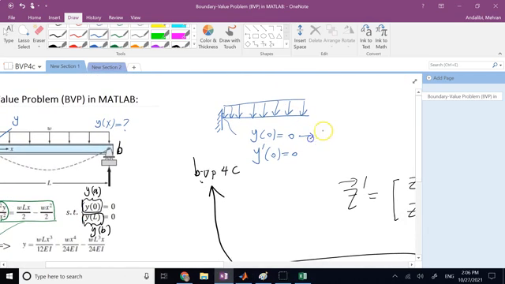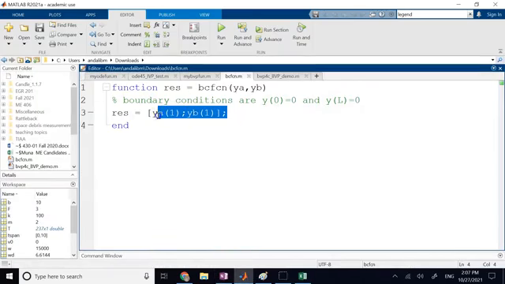So here you have to say y of a, the left-hand side, number 1, the first variable, which is y, is 0, and then y again at a, the left-hand side, but the prime of it, which is variable number 2, is 0. So this is how you provide that, right? These are equal to 0, and that will change how you define the boundary condition.